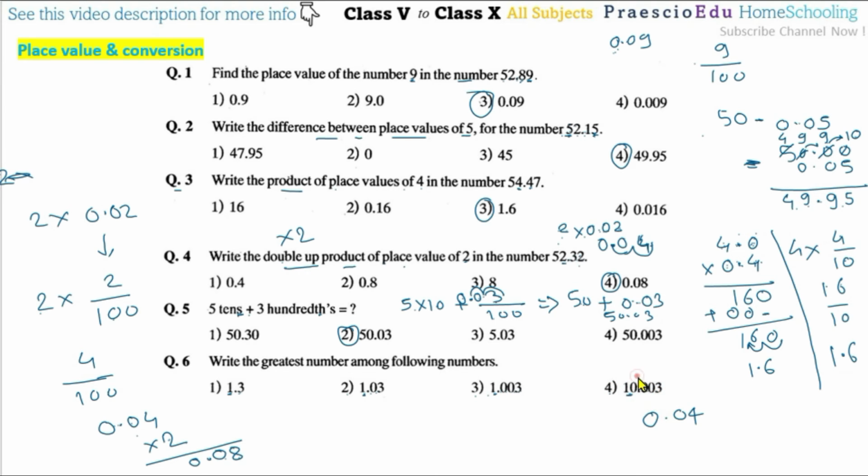Now the digits on the left side of the decimal are greater than the decimals on the right side. Now we will compare only this part, the left side of the decimals, because everywhere there are digits. So here 1, 1, 1 and 10. So in between, the 10 is greater. So option number 4 is the correct one.